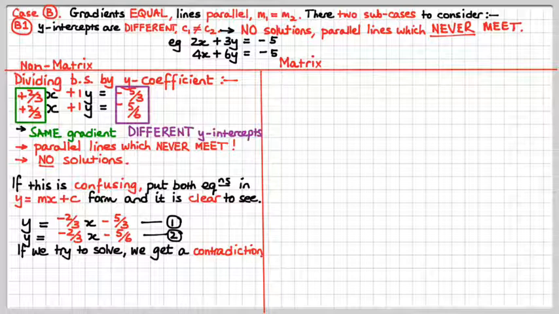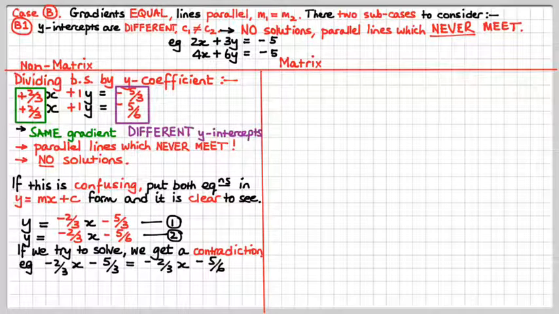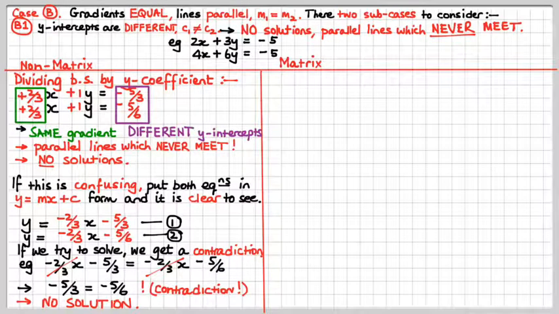If you make y from the first equation equal to y from the second equation, you get that, right? Now, if you then fiddle with that, that'll cancel, and you'll get something ridiculous, like minus 5 over 3 equals minus 5 over 6, which is obviously not true. So therefore, this is a contradiction, and therefore there's no solution. Okay? So that's the non-matrix method.